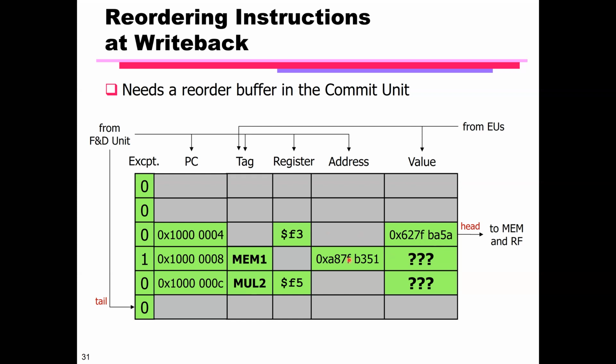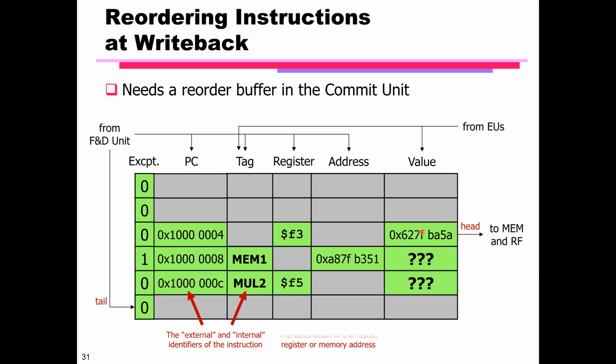And if it is another instruction that is done, if this one is not done, I will do absolutely nothing. I will keep waiting until the oldest instruction is executed, and then I will announce.